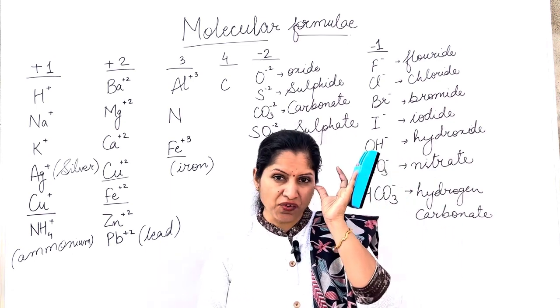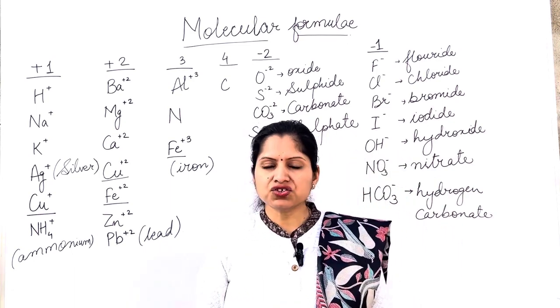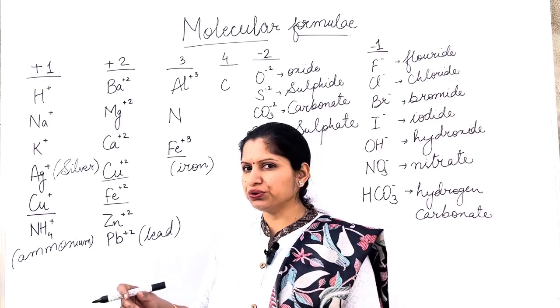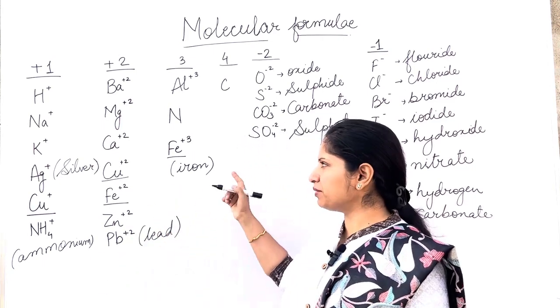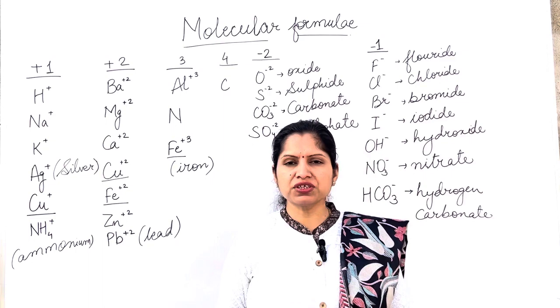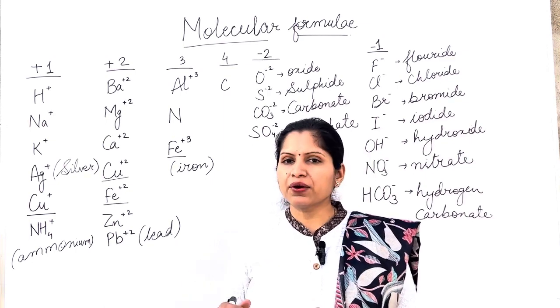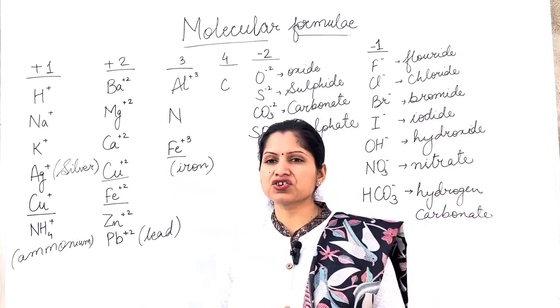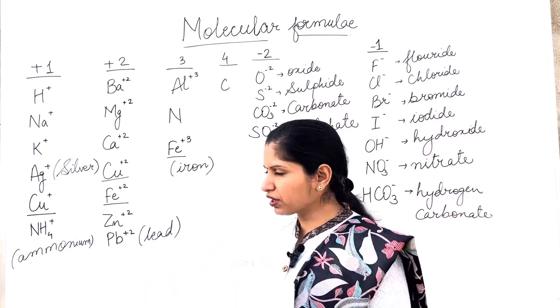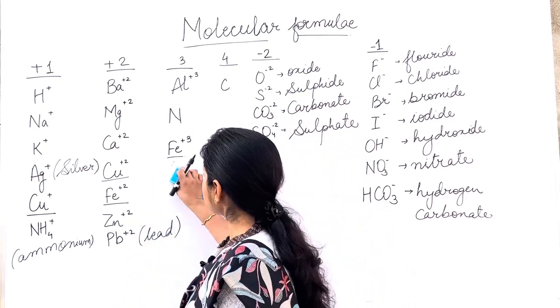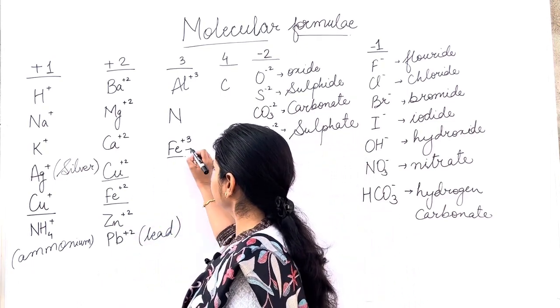Wherever the valency of iron is 2, it's written as ferrous. I told you, iron has variable valency +2 and +3. So wherever it's +2, it's written as ferrous, and wherever it's +3, it's written as ferric. So +2 is ferrous and +3 is ferric.